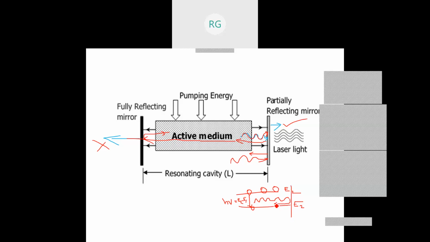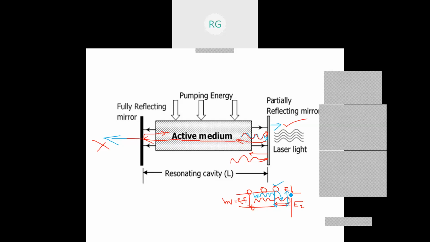But at the same time, the atom which is there in the higher energy state looks at this photon. When it looks at this photon, it thinks that if it also comes down, it will also be able to give another photon of the same frequency h nu, because this atom is also falling between these two energy levels.